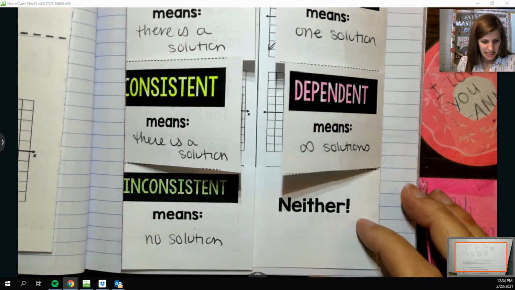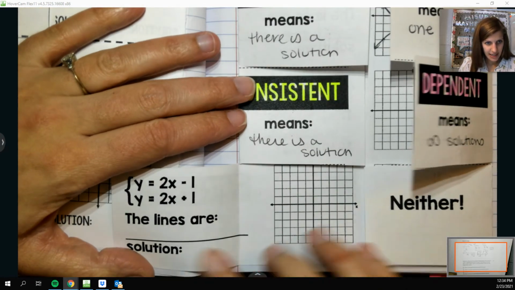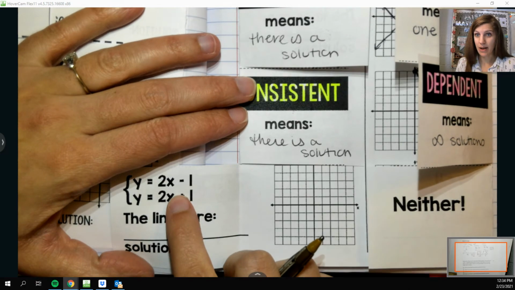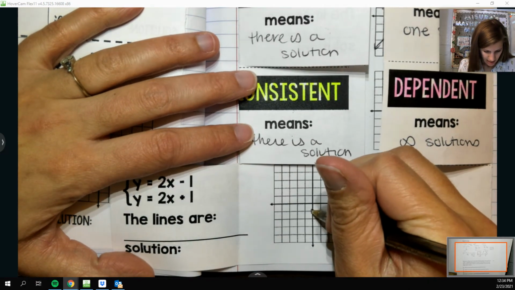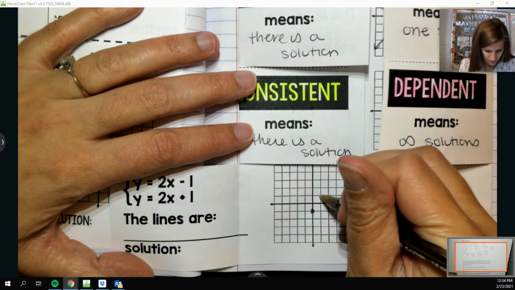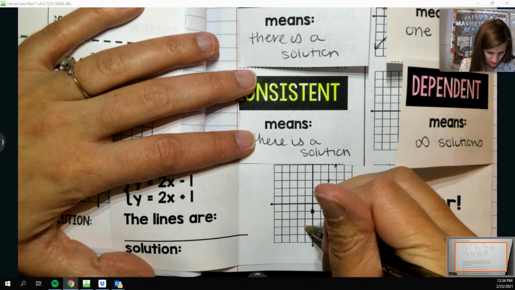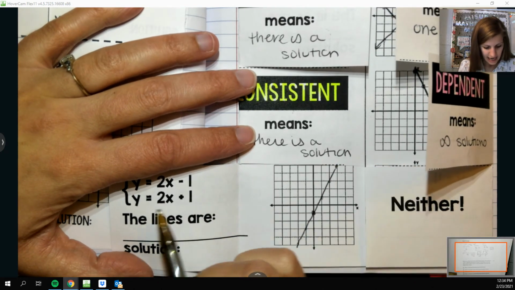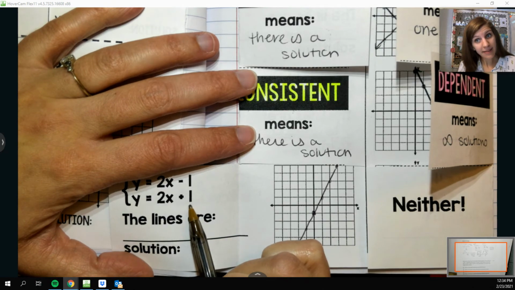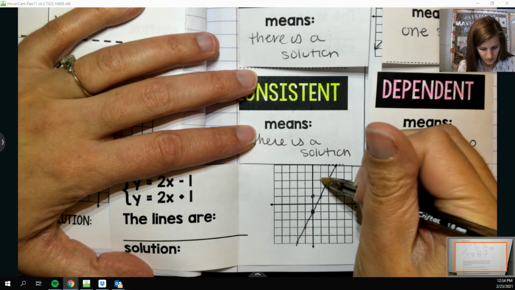Last but not least, if we go over here, this first one is in y equals mx plus b and starts at -1 and has a slope of up 2 over 1. The second line has a y-intercept of +1 and a slope of up 2 over 1 again.